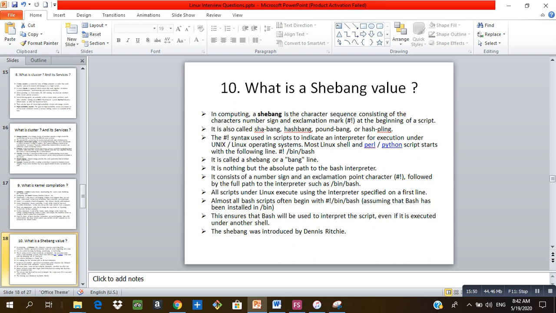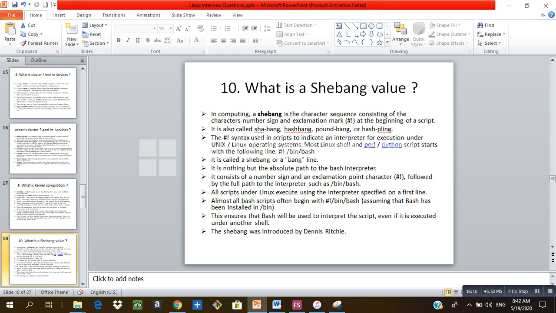It is also called shebang, hashbang, pound bang and hash pling. This syntax is used in scripts to indicate an interpreter for execution under Unix Linux operating systems. Most Linux shell, Perl, Python scripts start with the following line. It is called a shebang or bang line.